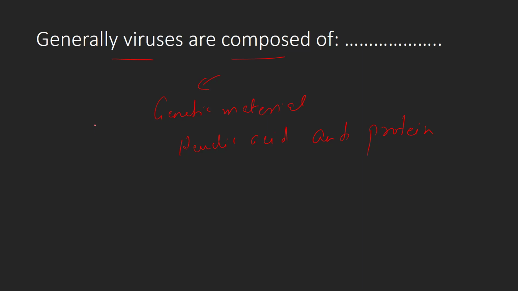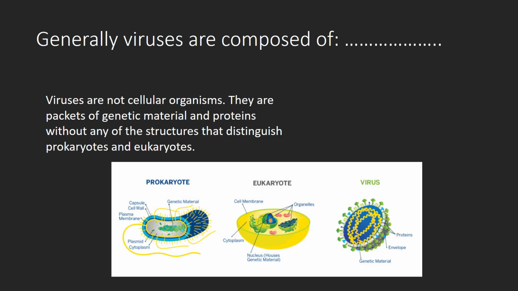In viruses, no cell system is formed. In prokaryotes and eukaryotes, in most cases there will be a cell, under which the genetic material and different organelles are found. But in the case of viruses, only protein and genetic material are present. So this is the case with viruses.